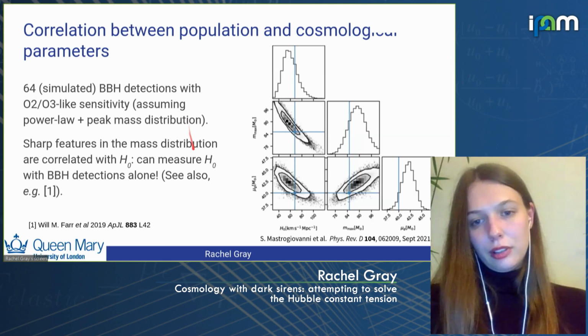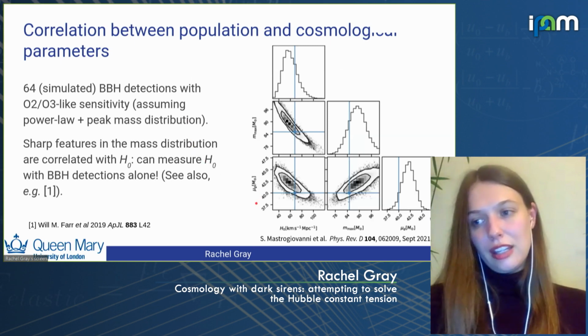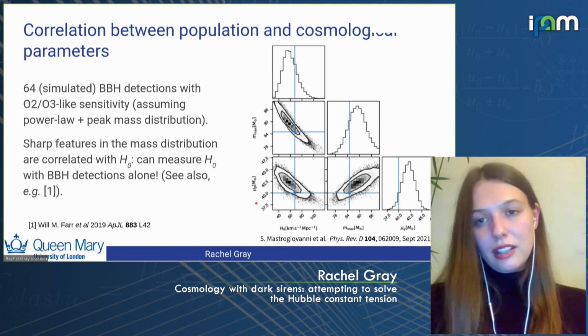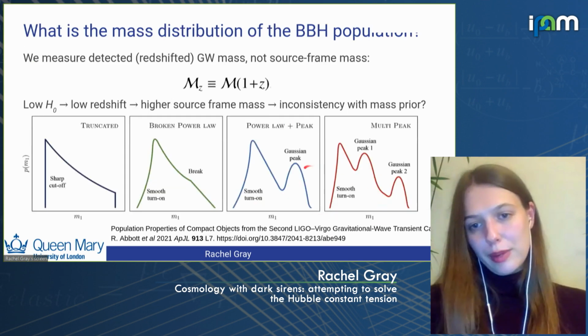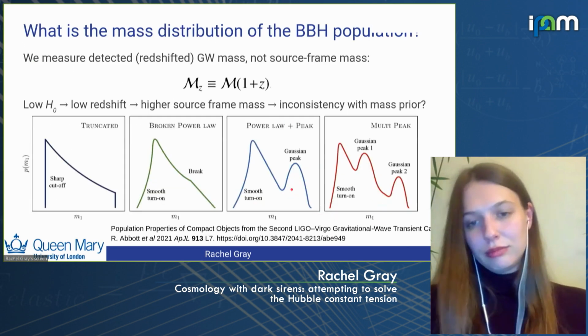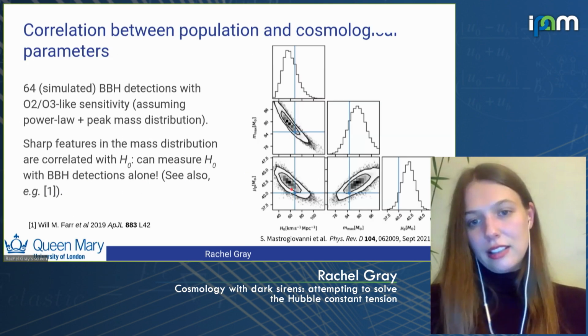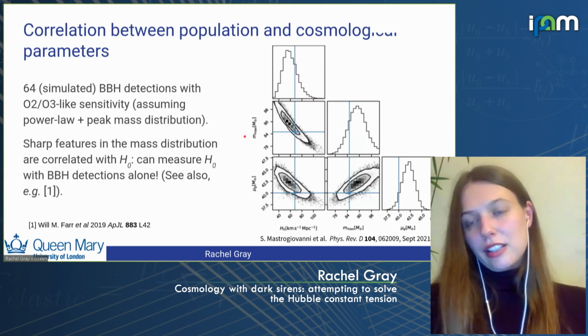So, for example, mu_g here refers to the position of the peak in the power law plus peak, so that would be where the Gaussian peak is located, and M_max is the high mass cutoff.